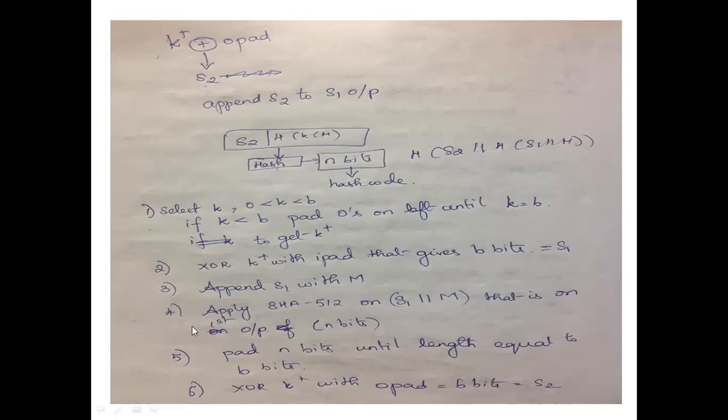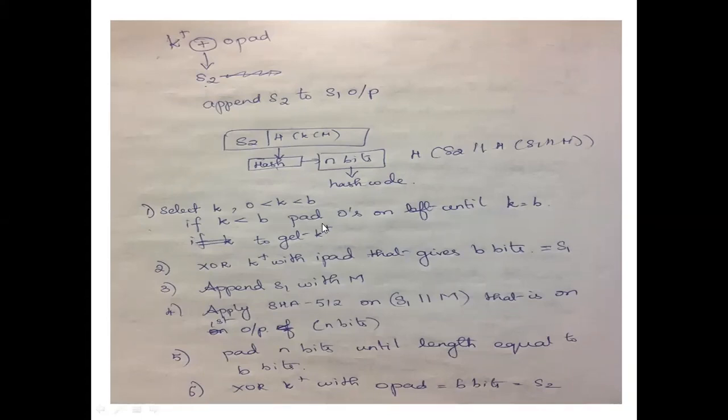Okay, so these are the 6 steps that have to be followed in this algorithm. The first one is you need to select any K which is between 0 and B. Now what is B? B is the size of the plain text. If the K is less than B, on that condition you pad zeros on the left until K becomes equal to B. So this is how you get the K plus.